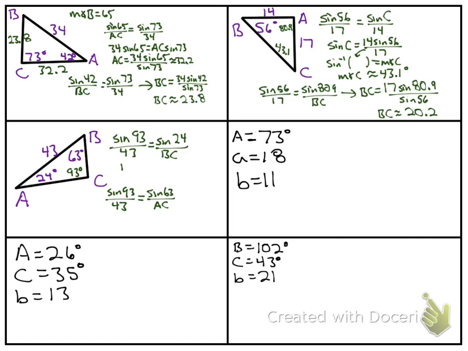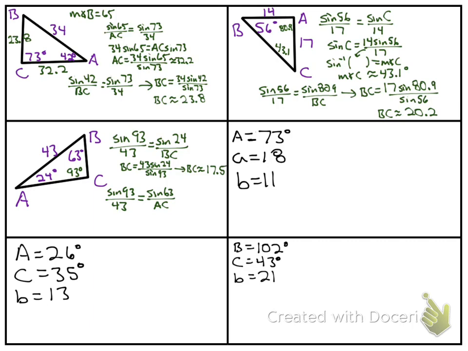From here I can rearrange my cross product. BC is going to be equal to 43 sine 24 over sine 93. And what we're going to get here for BC is about 17.5.